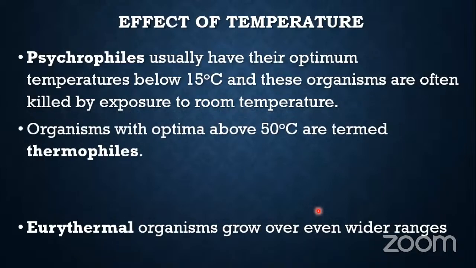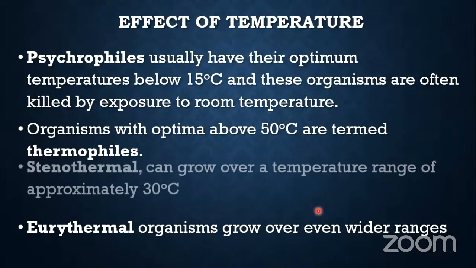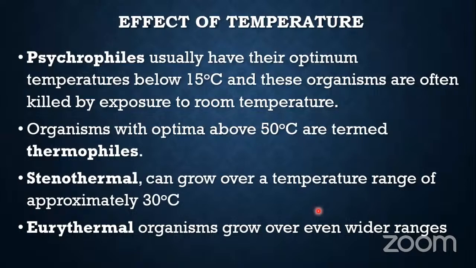We also have the thermophiles. Their optimal temperature is from 50 and they can get up to 80 degrees. We have the stenothermals, which grow over a temperature range of approximately 30 degrees. We have the eurythermals, which grow over a wider range.